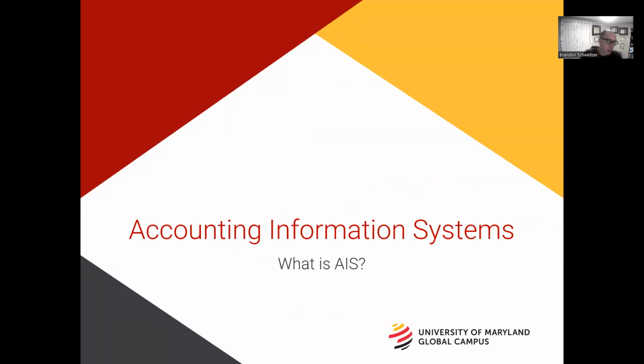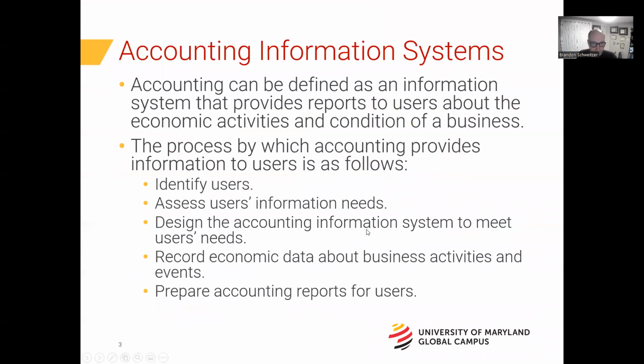So this course is about accounting information systems, and it's important that we understand what accounting information systems are. These systems are used to provide information to end users that report on economic activities of the business.